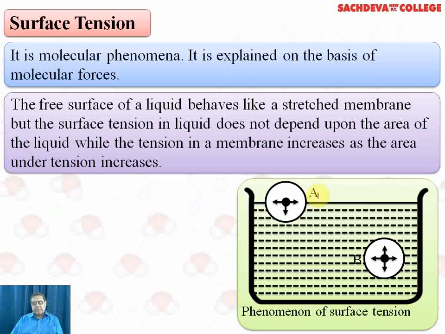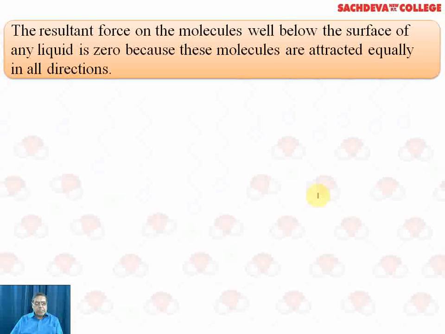That is, liquid transmits pressure equally in all directions. Whereas when the molecule is at the surface, we are finding downward forces there and linear forces on the molecule A. The resultant force on a molecule well below the surface of any liquid is zero, because these molecules are attracted equally in all directions.